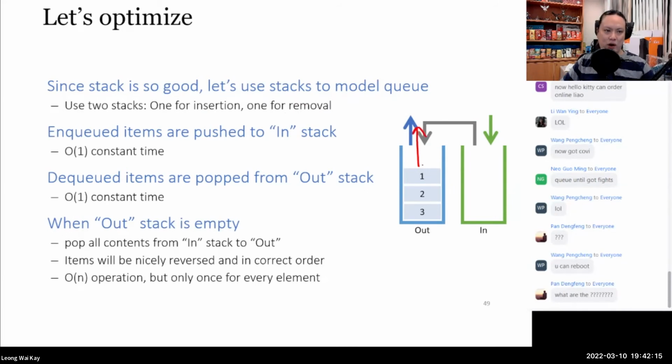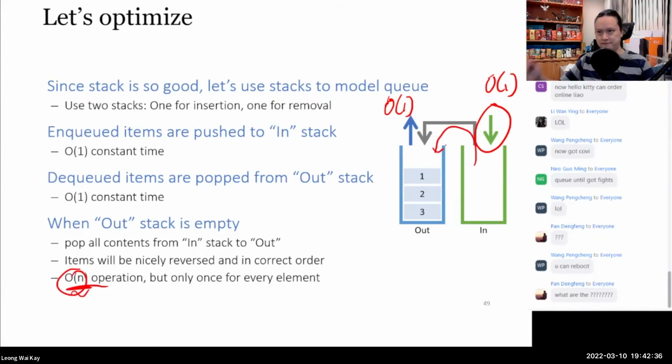And at the same time, while she's servicing, more and more things can be put inside. As people come, they can put things inside. So realize that now my insertion is O(1). My removal is O(1). Occasionally, I will have this O(n)-ish operation to do this refreshing. Occasionally.